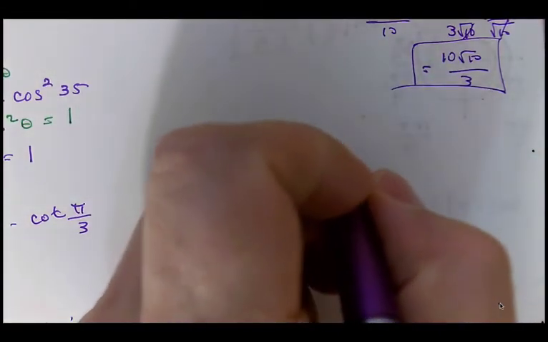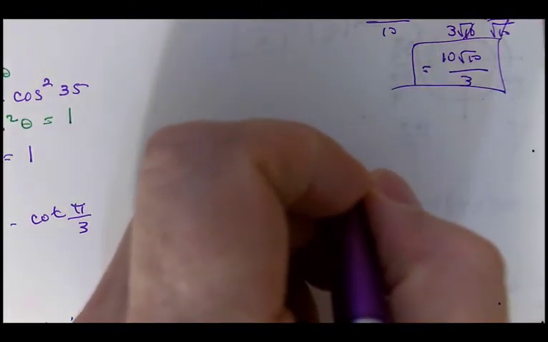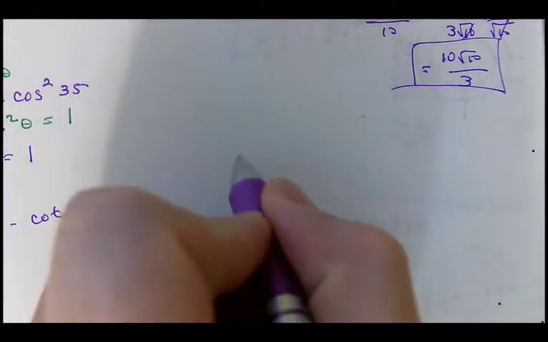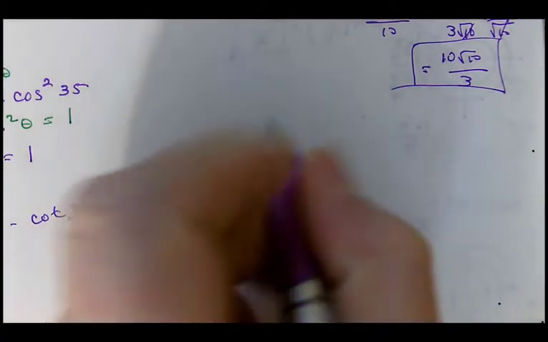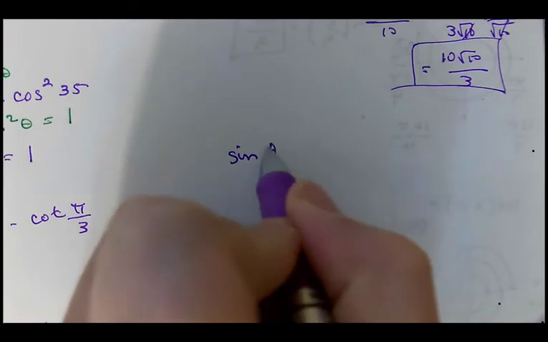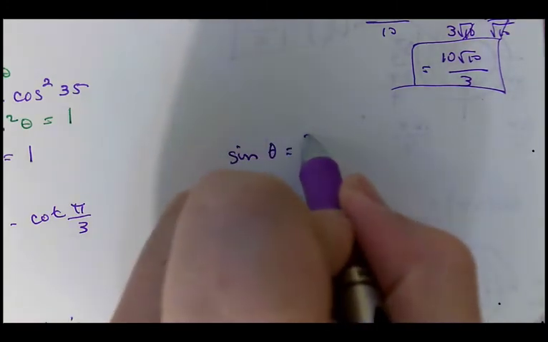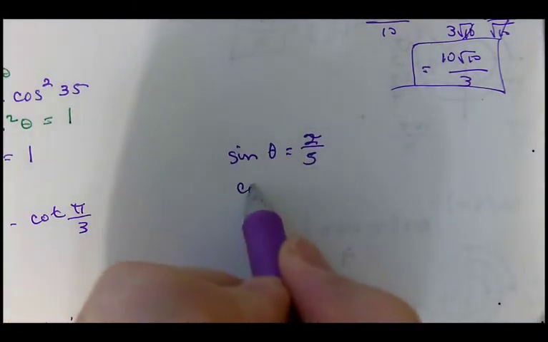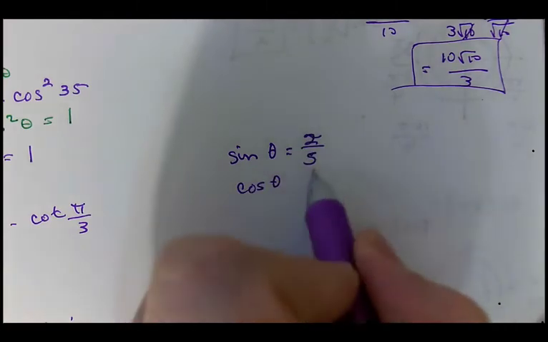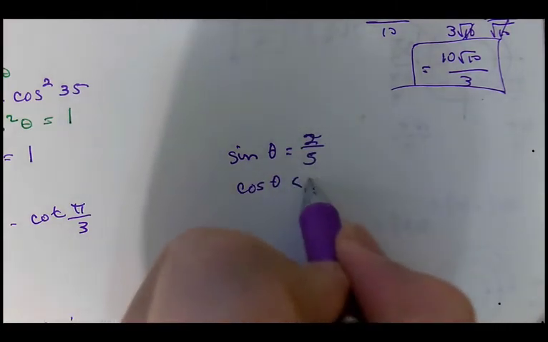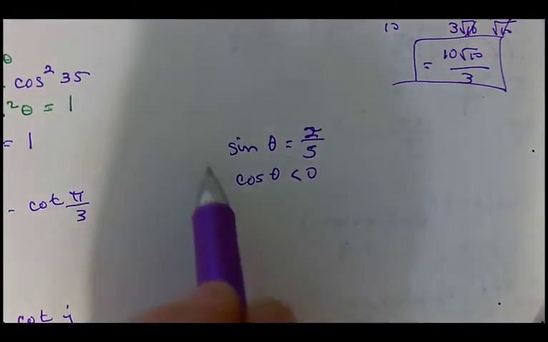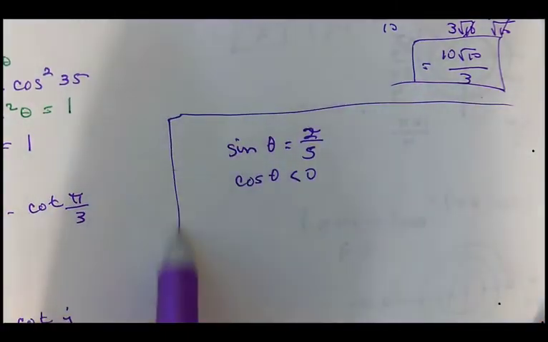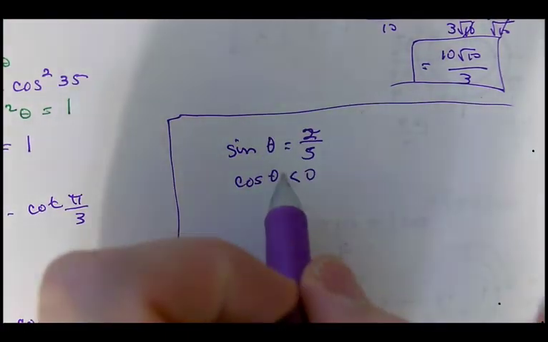The first thing I'm going to do is note that sine of theta is equal to 2 over 5, and we also know that cosine of theta is less than 0. Now, with that information, what quadrant am I in?